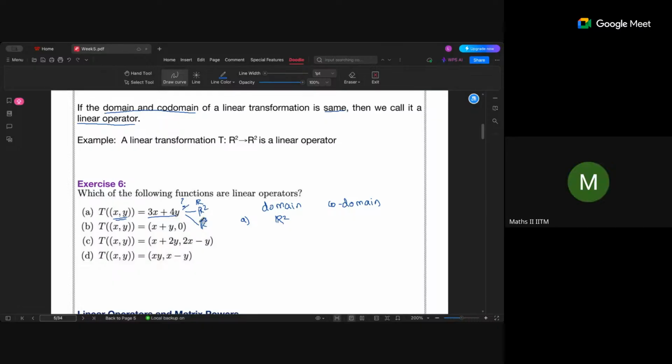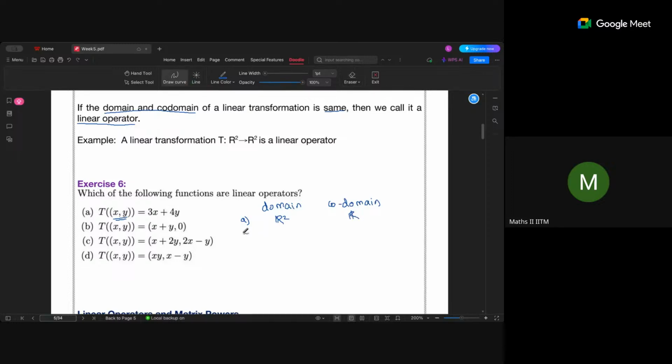R3 means three coordinates. R means just a number. Yes, R. Okay, this is what I'm asking. This is in R, right? So this is a number, so it should be from R.